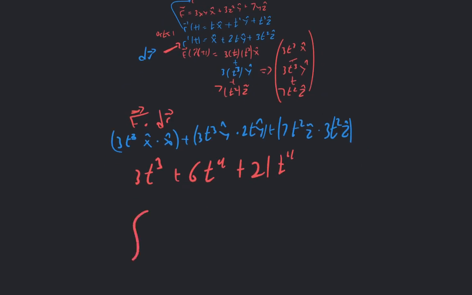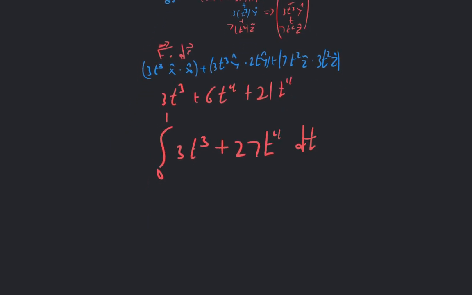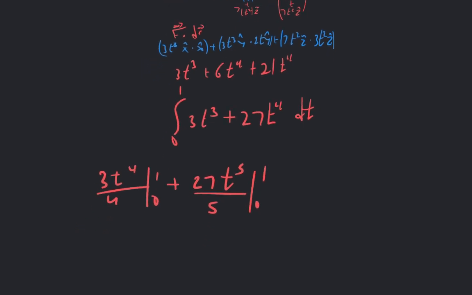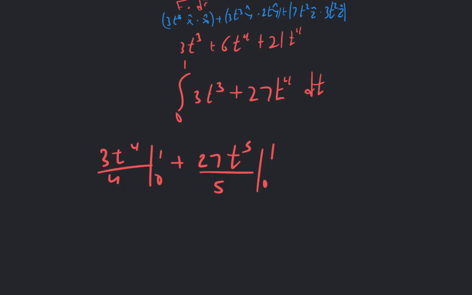This gives us the integral from 0 to 1 of 3t cubed plus 27t to the fourth dt. So now we integrate: 3t to the fourth over 4, 0 to 1, plus 27t to the fifth over 5, 0 to 1. That's 3 over 4 plus 27 over 5.